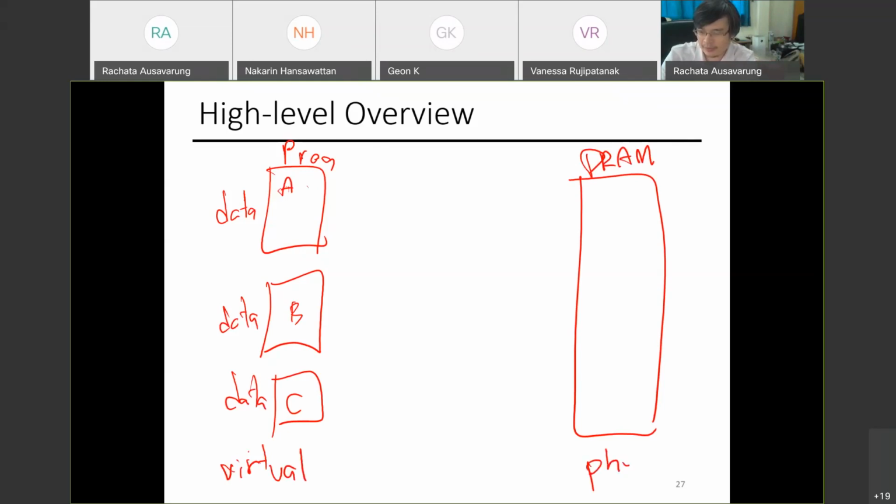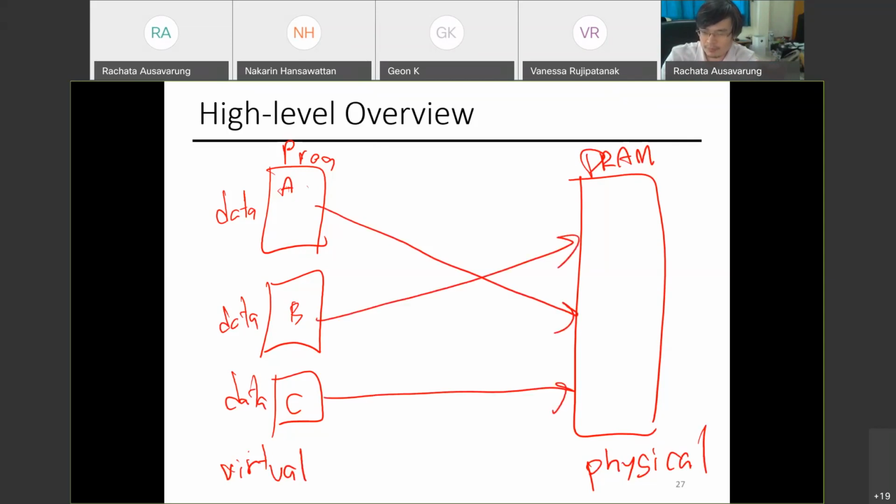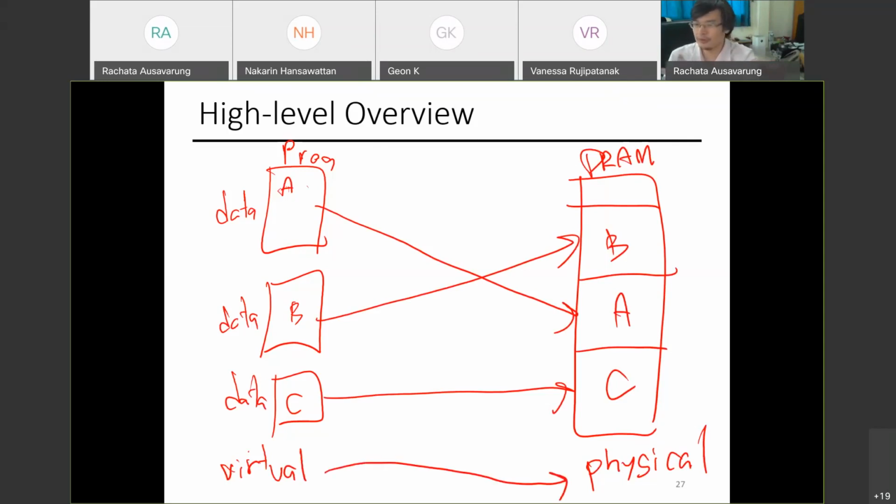This is the physical world. There is some mapping between these data that manages where things are. You have the mapping between the virtual and the physical world. That's a high-level overview. So next week we'll learn how this process is done on the CPU, on your processor.